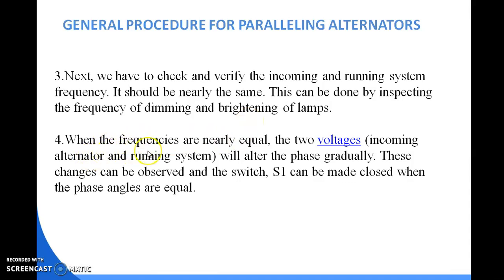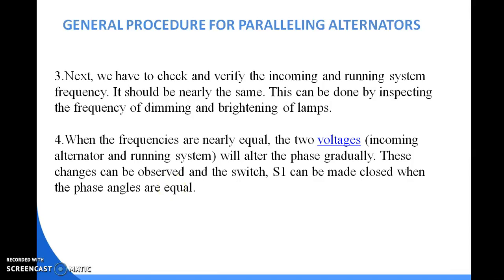Lastly, when the frequencies are nearly equal, the two voltages, the incoming system and the running system, will alter the phase gradually. These changes can be observed and the switch S1 can be closed when the phase angles are equal.